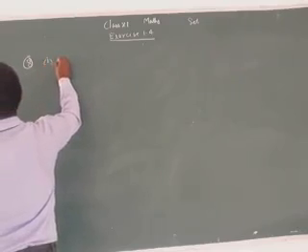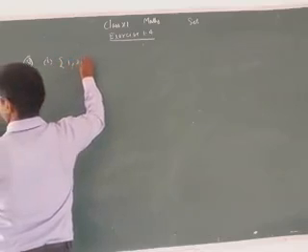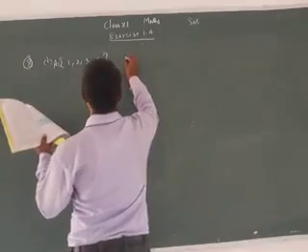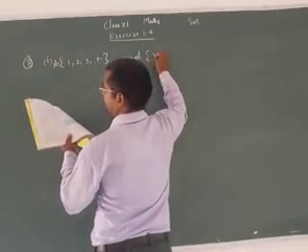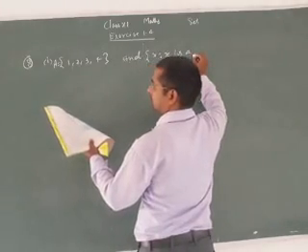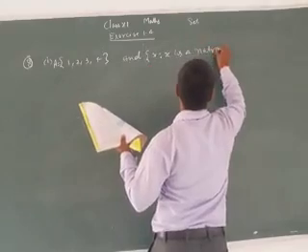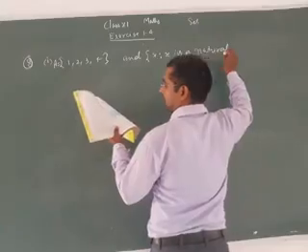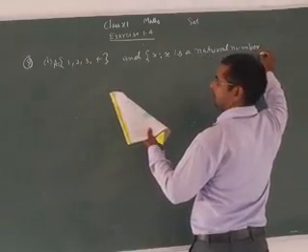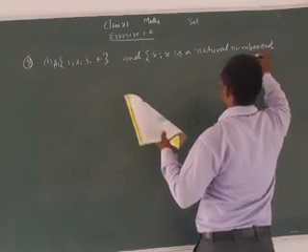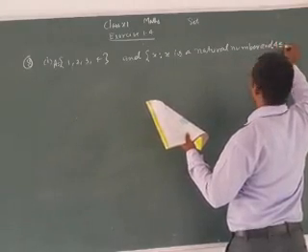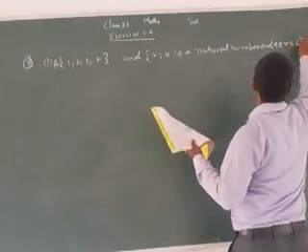First part, let set A be 1, 2, 3, 4, and set B be x such that x is a natural number and 4 is less than or equal to x less than or equal to 6.